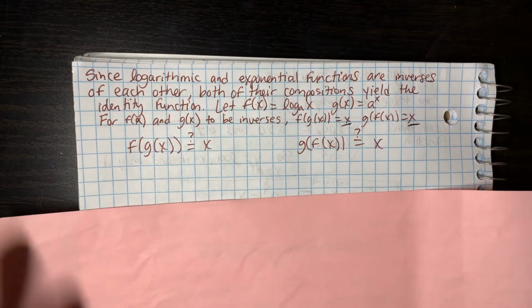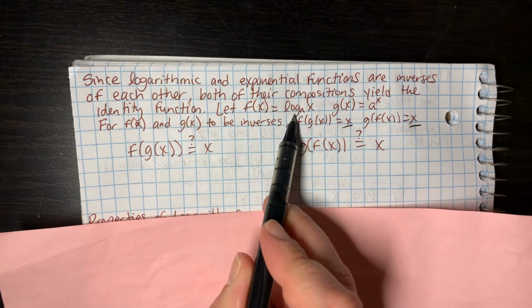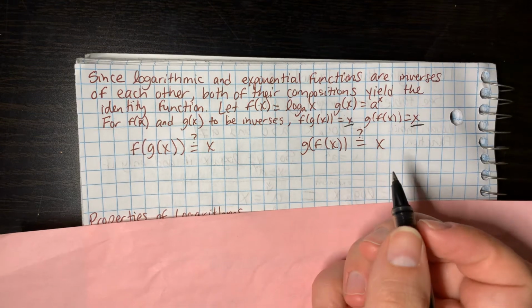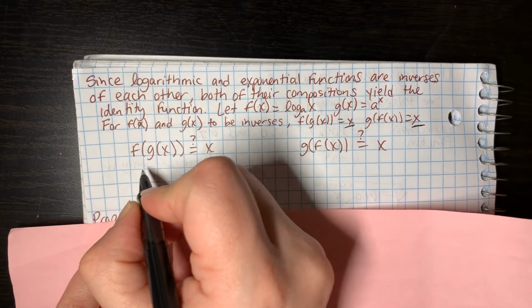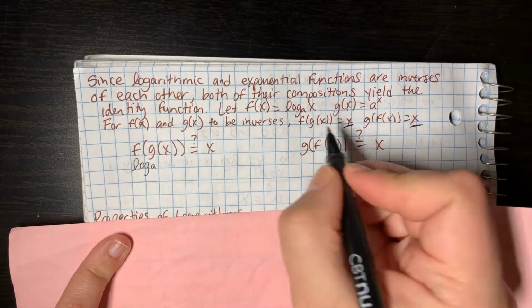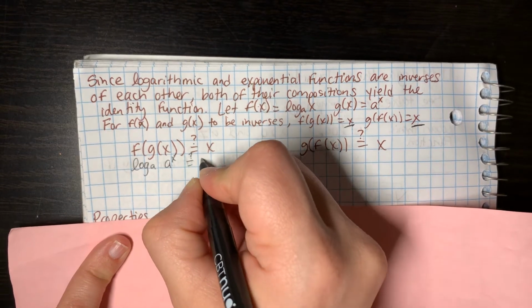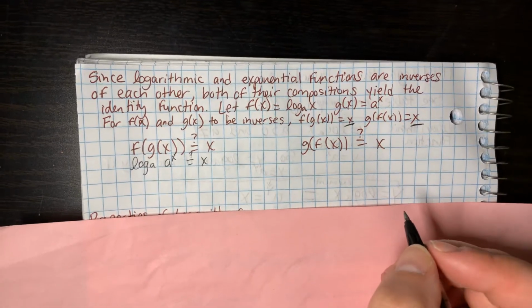All right. So for f of x, we are going to put g of x where that x is. So we're going to do log base a of a to the x. Does that equal x? Let's solve and see.